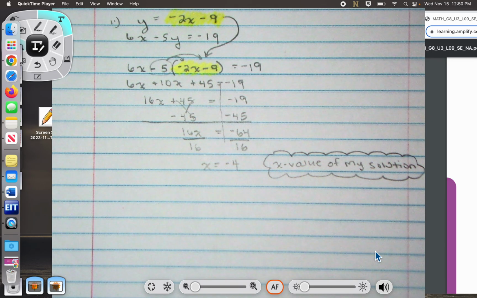How am I going to find the y value? Melissa? I'm going to substitute that negative 4 back into one of the original equations.